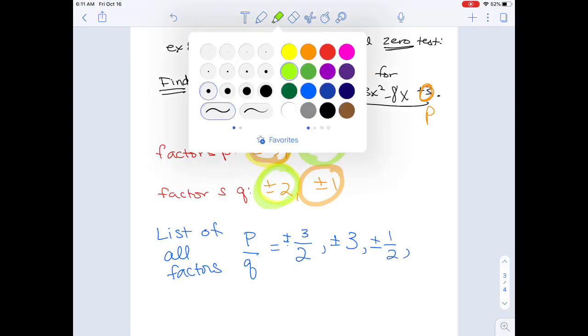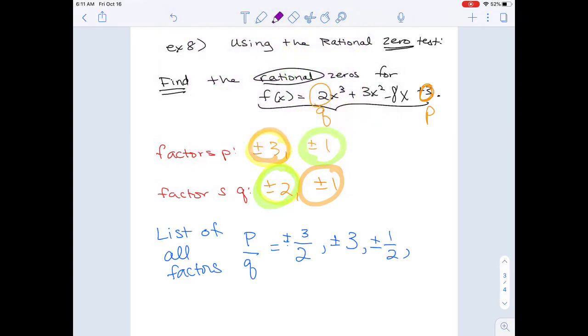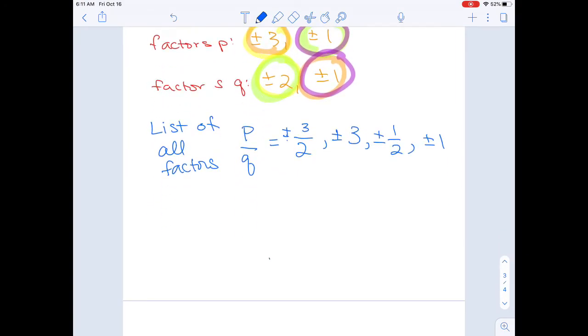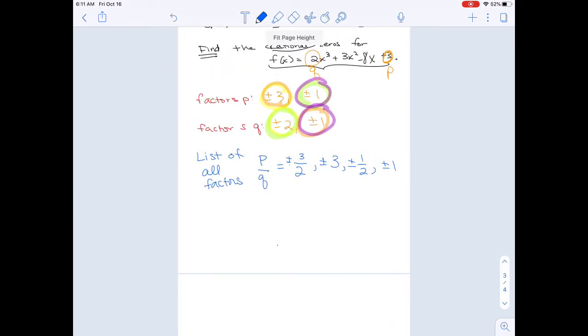And then our last one we're going to do is plus or minus 1 over plus or minus 1, which is just 1. So here's our list. Our total list is plus 3 halves, also negative 3 halves, positive 3, negative 3, positive 1, negative a half, positive 1, minus a half. And so we're looking for the rational zeros.